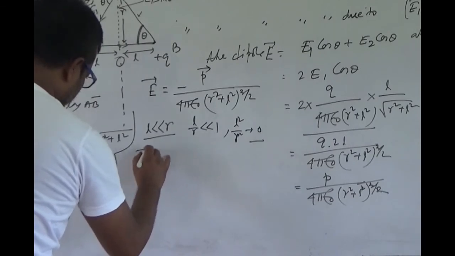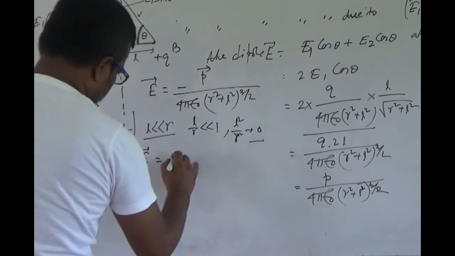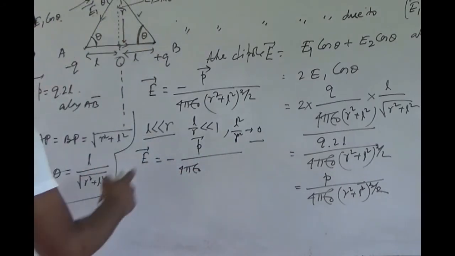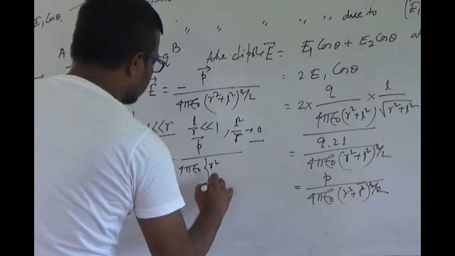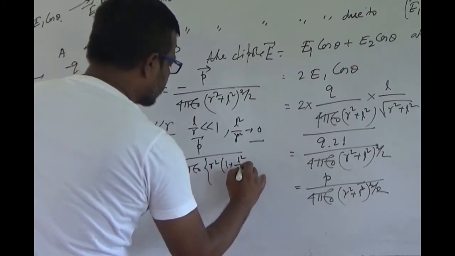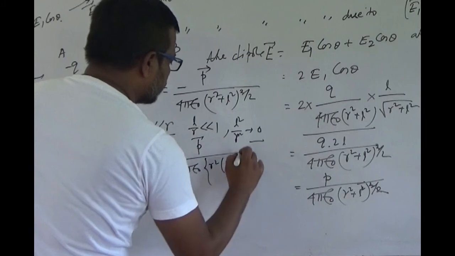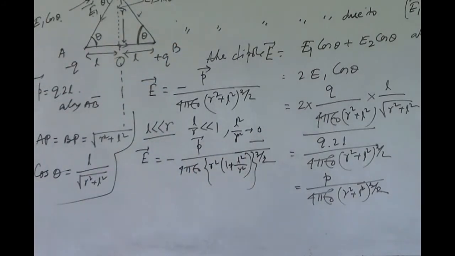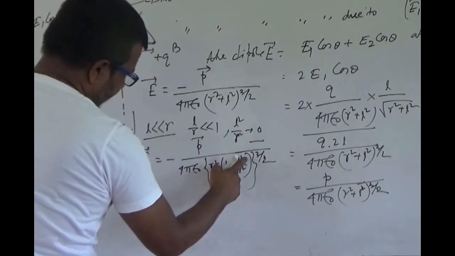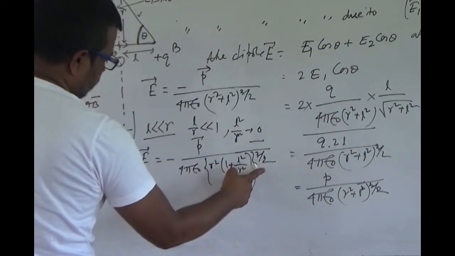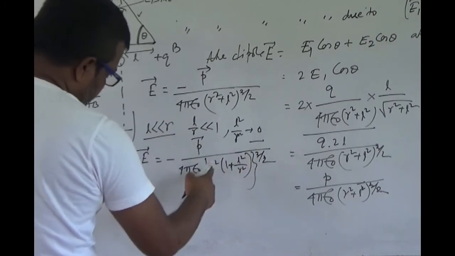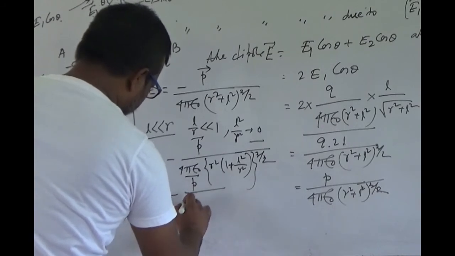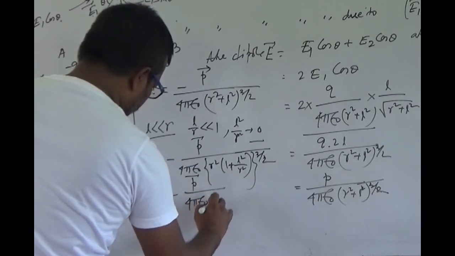In that case we may write E is equal to minus P divided by 4 pi epsilon naught, taking R square common, 1 plus L square by R square in brackets to the power 3 by 2. Now L square by R square is taken as 0, so R square to the power 3 by 2 is R cube. From here we can write E equals minus P divided by 4 pi epsilon naught R cube.